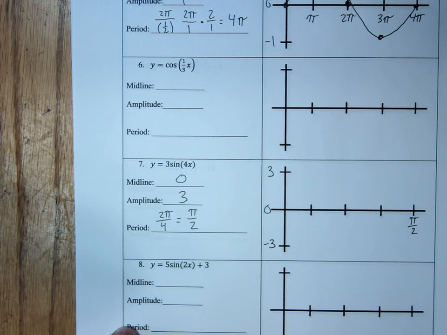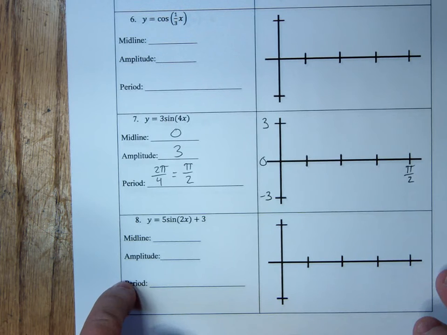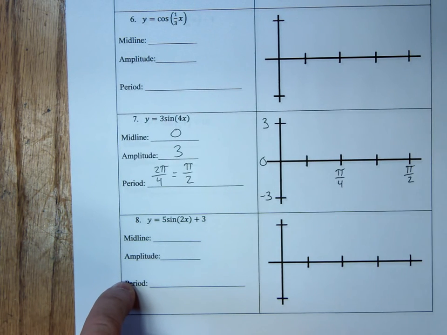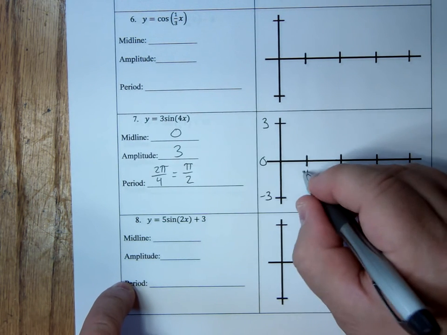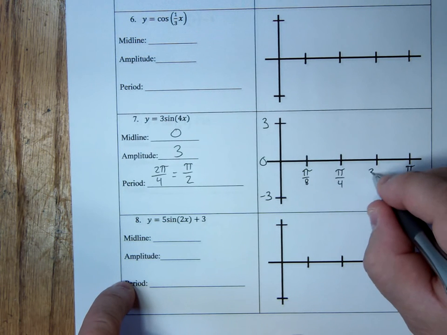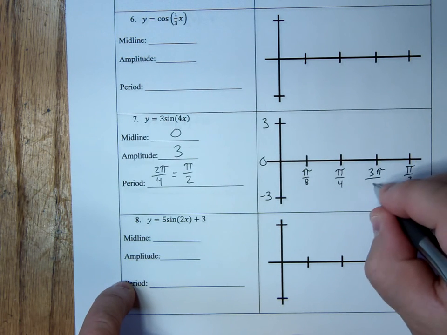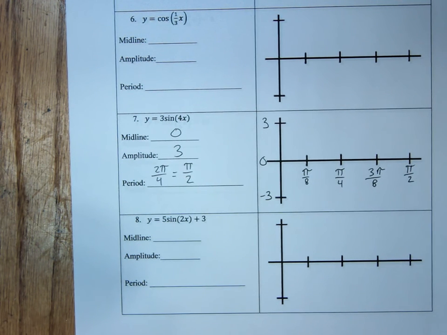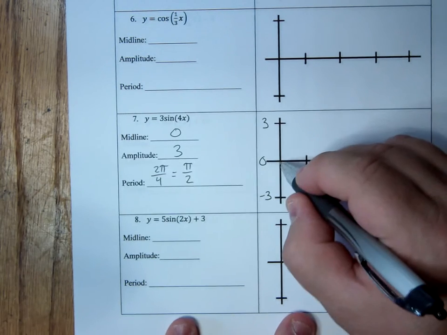Like I said, half of that, you just double the denominator. Half of pi over 2 is pi over 4. Half of pi over 4 is pi over 8. 1 over 8, 2 over 8, 3 over 8. And of course 4 over 8 would reduce to pi over 2. That's a sine again.